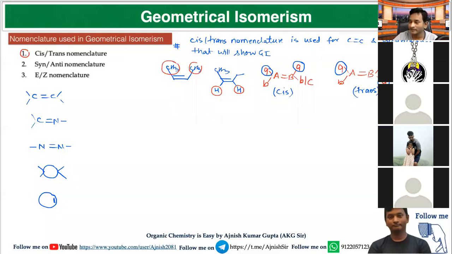Is it clear? Yes, sir. When two same groups or atoms are on the same side, such compounds have cis configuration, while on the opposite side, the configuration is called trans. Is it clear? Yes, sir.